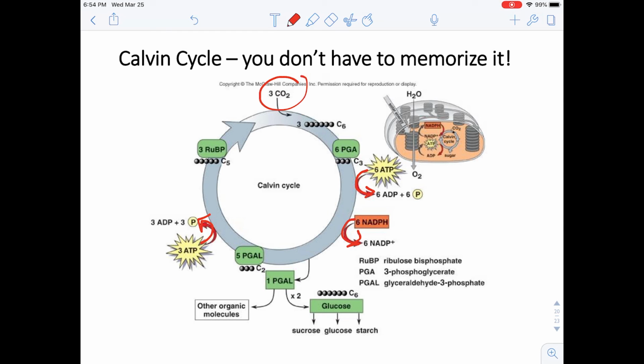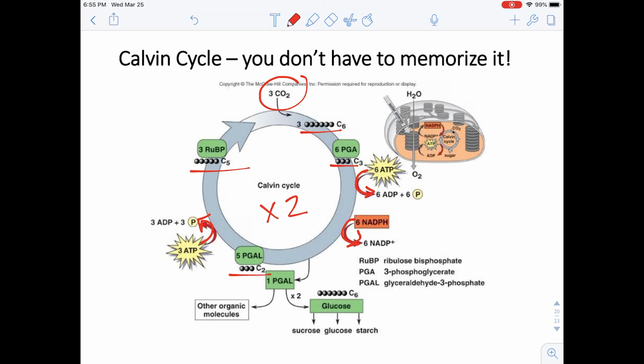So what happens is the carbon dioxide gets absorbed, broken down, and it gets reformed a bunch of times into all these intermediate molecules. Like this one has 6 carbons, then 3 carbons, then 2 carbons, then 5 carbons, and it goes around and around. It actually goes around 2 times. I shouldn't say that.